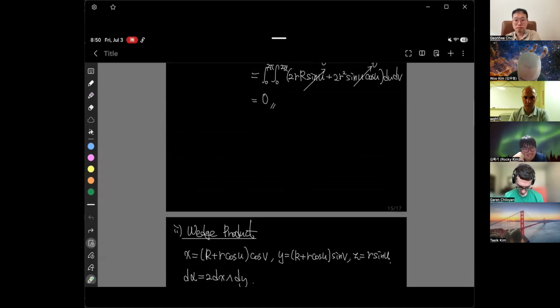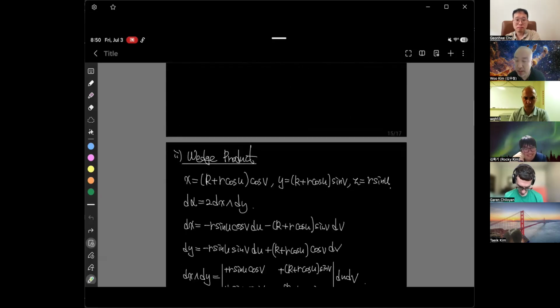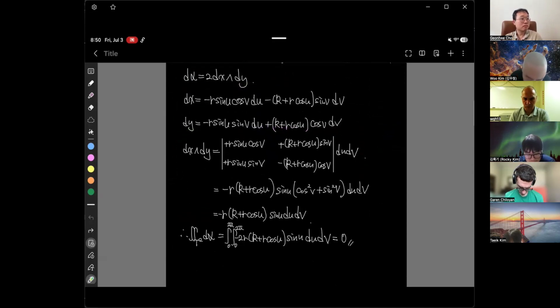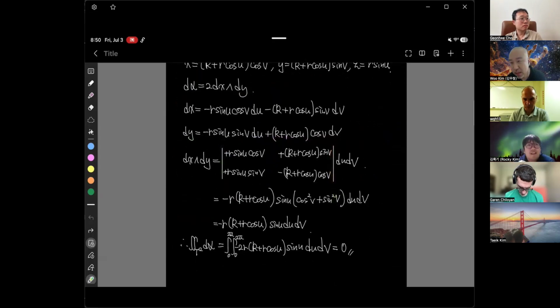And can I use the wedge product as a second method? This part is the same as earlier. And now we can compute this wedge product using this determinant.